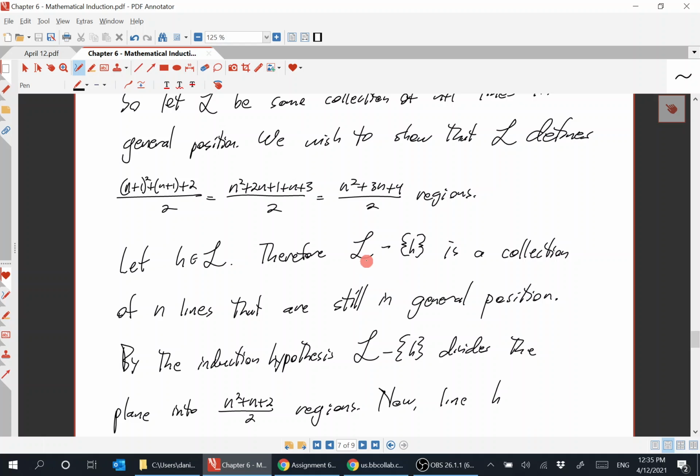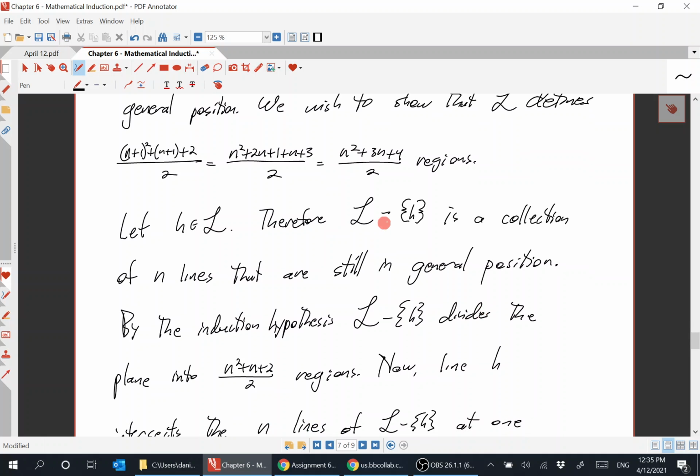Every pair of lines in L must intersect, and no 3 lines in L intersect at the same point. So if I take away one of those lines, it still satisfies that property. So this is still in general position. So by the inductive hypothesis, this arrangement of lines divides the plane into the requisite number of regions, n squared plus n plus 2 over 2 regions.